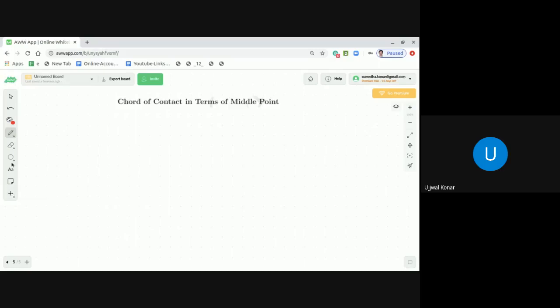Now, dear students, let me first have the ellipse. So let us consider this is the ellipse, and that ellipse has a chord, and let me draw the chord in green color. So this is a chord, dear students.